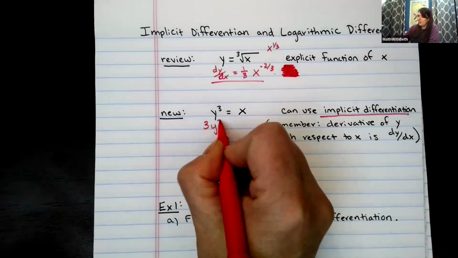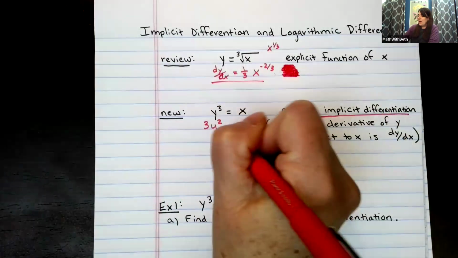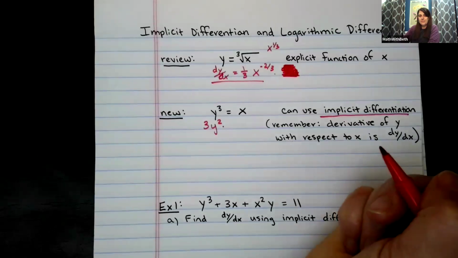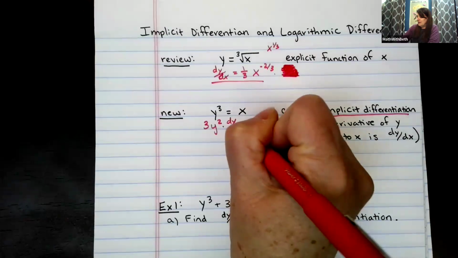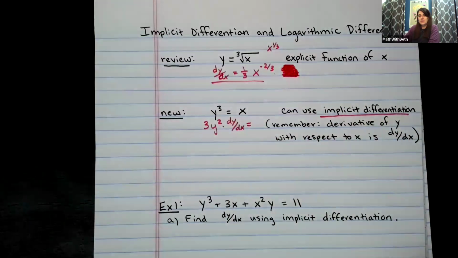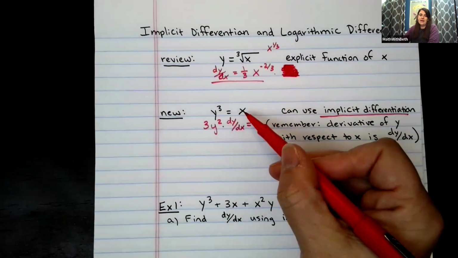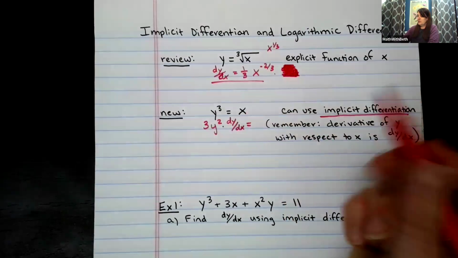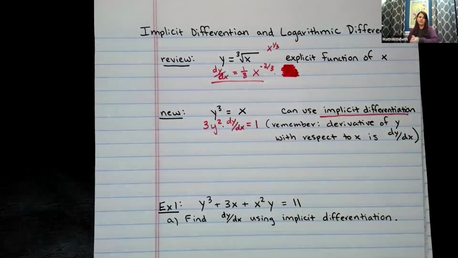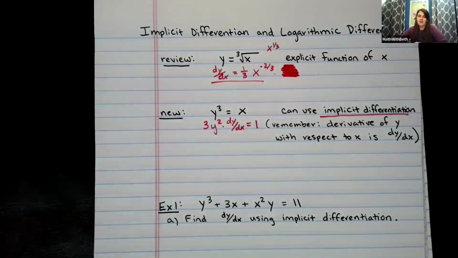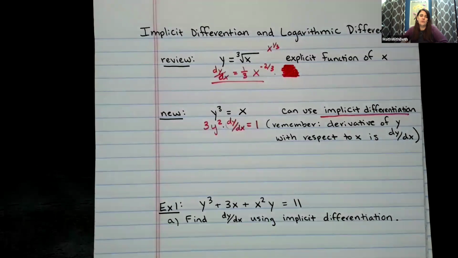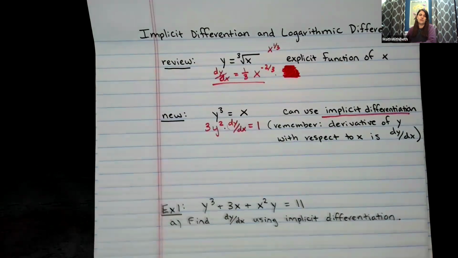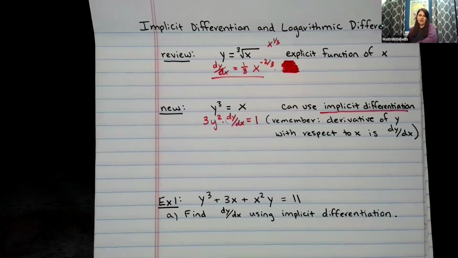So in this case, the power rule, but then you do have to add that extra step of the derivative of y being dy/dx. On the right, since it's an x and we're doing it in terms of x, we would just do the normal thing and say the derivative of x is 1. So this is what you're going to hopefully get used to today, that anytime you're dealing with a y, you're going to have that extra step of multiplying by dy/dx.